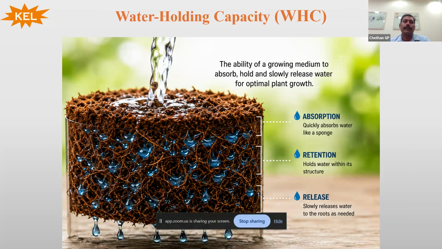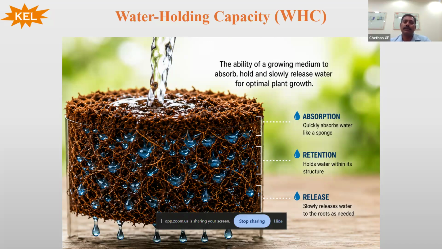The objective is not to maximize water retention, but to maintain the correct balance between stored water and air-filled pore spaces. Premium cocopeat typically provides excellent water holding capacity while maintaining adequate aeration, making it one of the most effective substrate materials available.